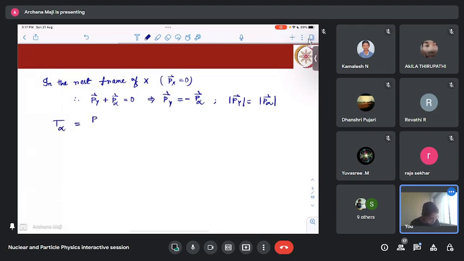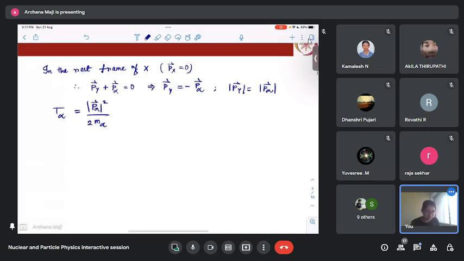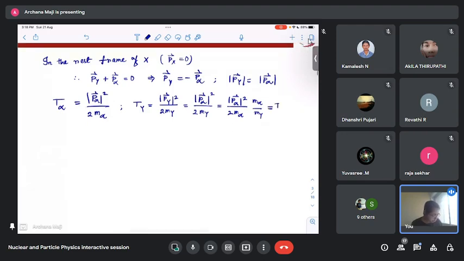So the kinetic energy of the alpha particle will be P alpha squared divided by twice m alpha. Since the magnitude of P_Y is the same as the magnitude of P alpha, you can replace it and write the kinetic energy of Y in terms of the kinetic energy of the alpha particle.